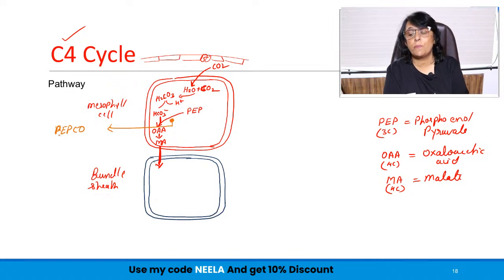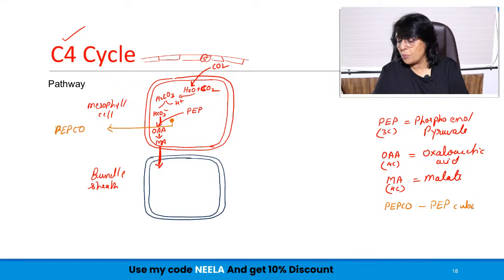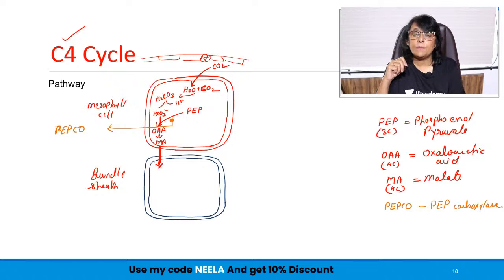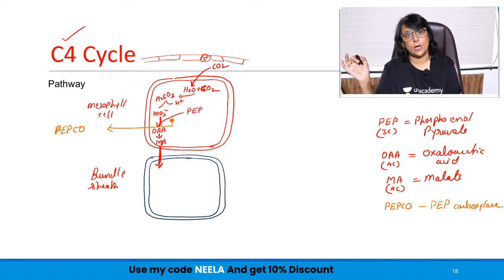We can call it PEPCO. So what is PEPCO? It is phosphoenol pyruvate carboxylase. It has helped in carboxylation of phosphoenol pyruvate, and the behavior of PEPCO doesn't change.